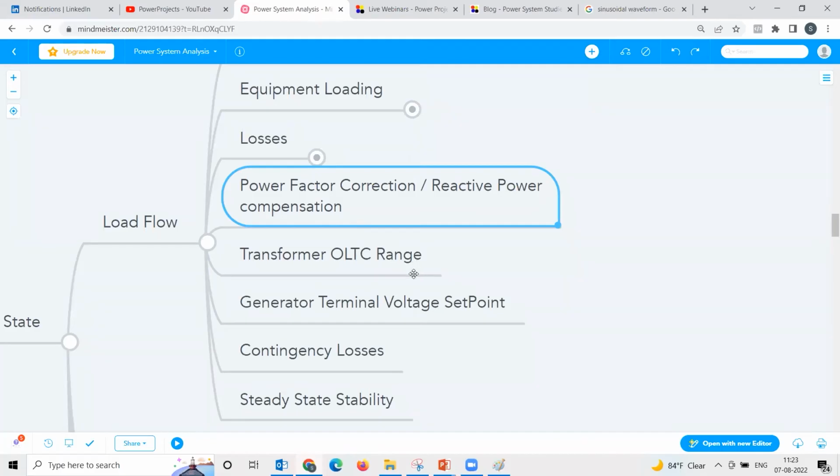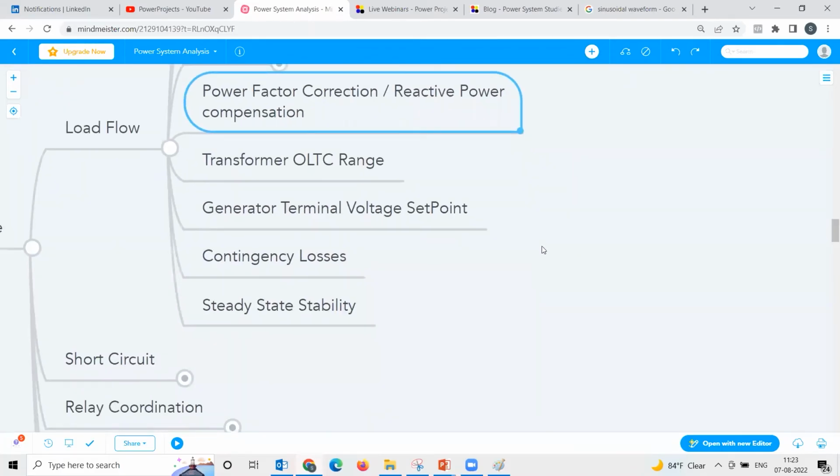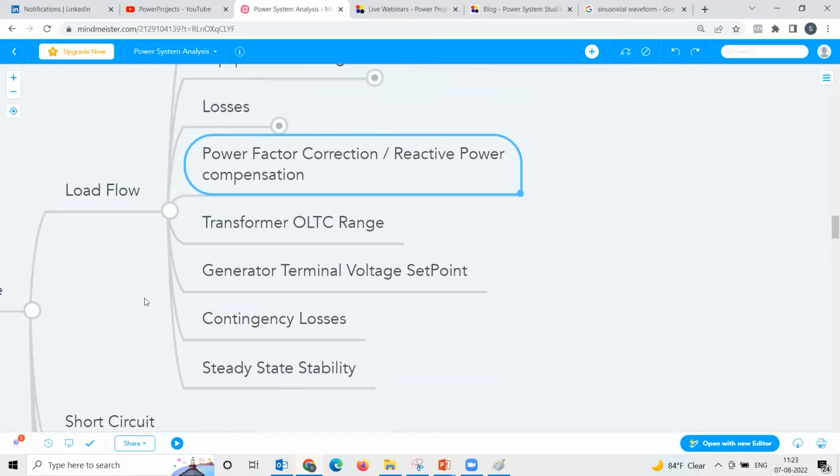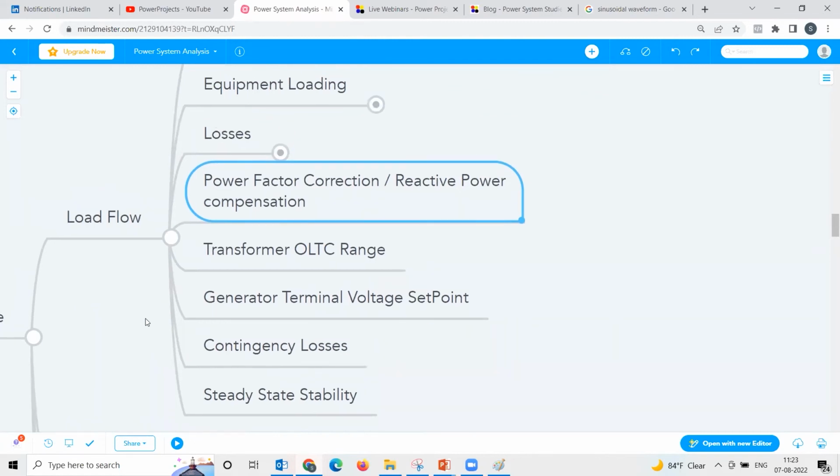In order to find the OLTC range, you need to perform load flow. In order to find out the generator terminal voltage set point, you need to perform load flow. Contingency analysis, you need to perform load flow. In order to find out the steady state stability of the system, you need to perform load flow. IEEE 399, that's the standard for load flow.